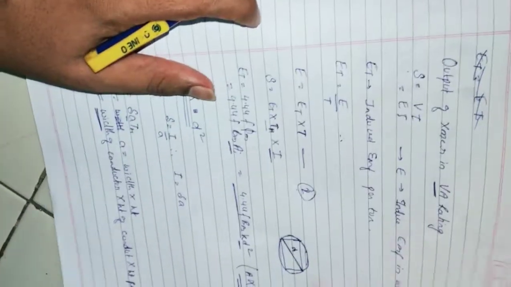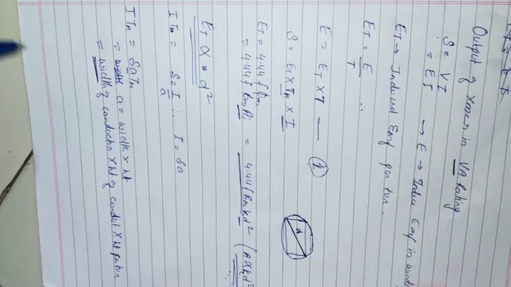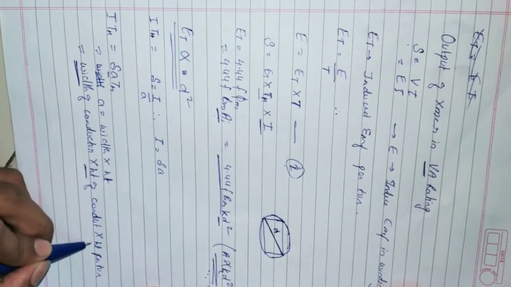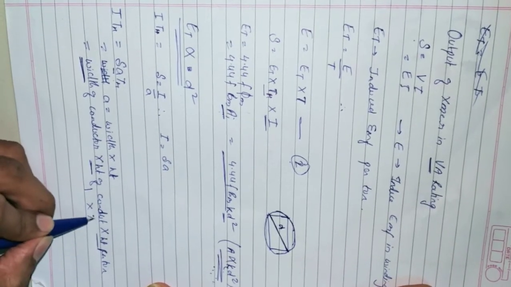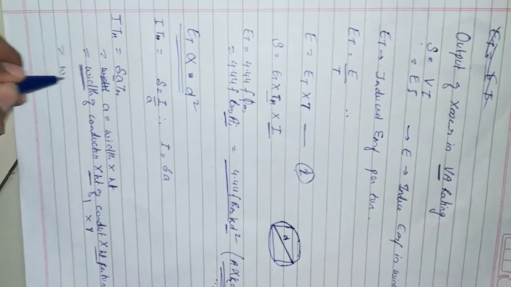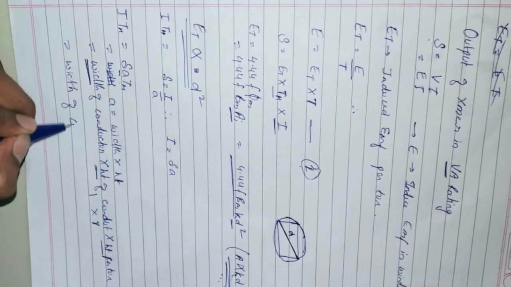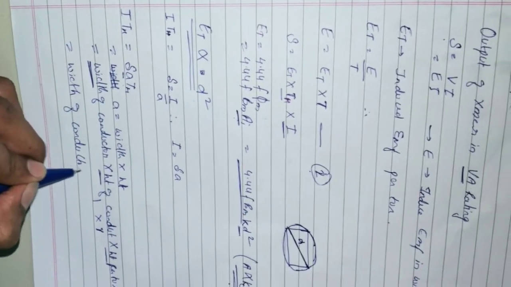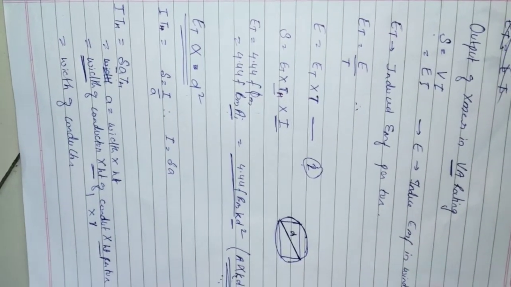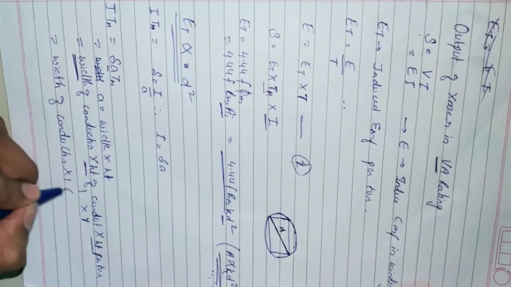So again we'll come here, focus here. Whatever height portion is there, just consider as 1. So it will be width of conductor into 1 into 1.